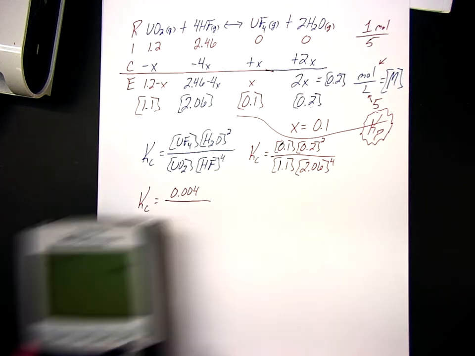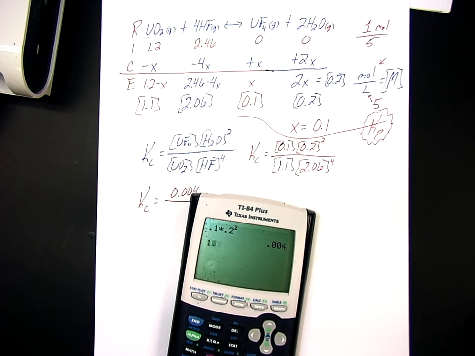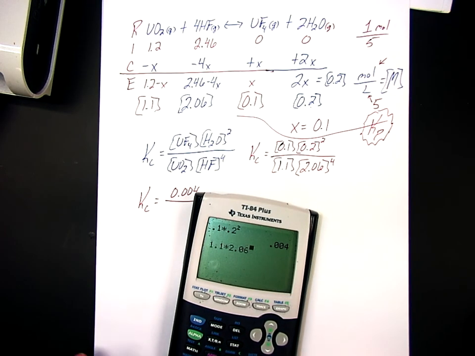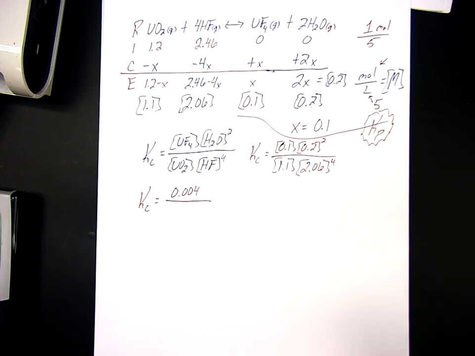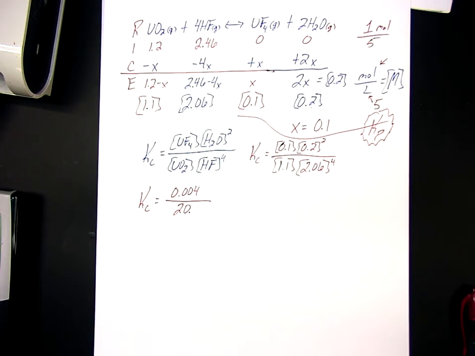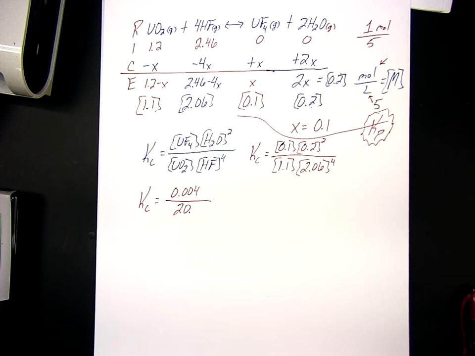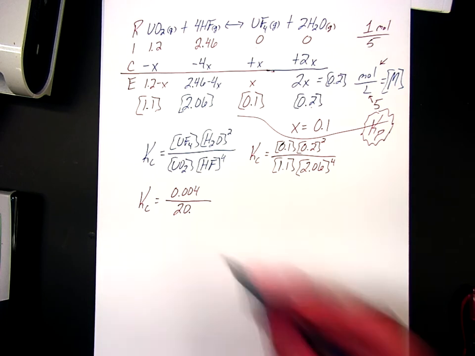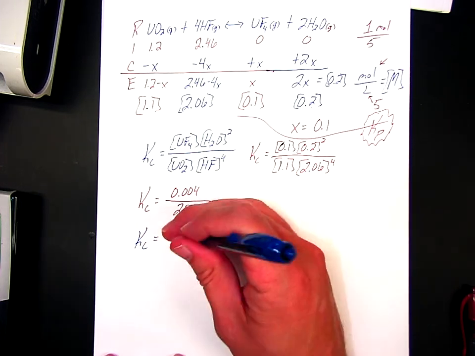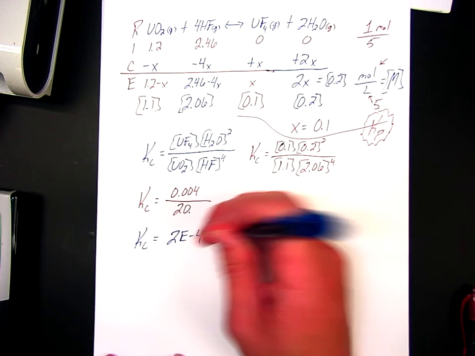And then on the bottom, I need to go 1.1 times 2.06 to the fourth, and that's going to give me about 20. If I run that, we will get a Kc value of 2e negative 4.